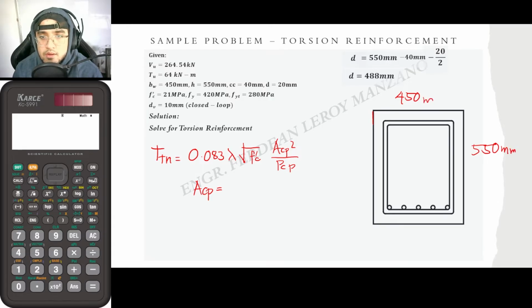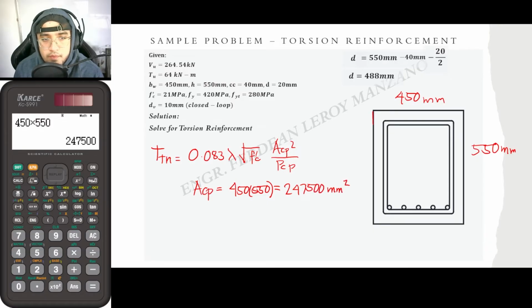So looking at the calculator to your left, 450 times 550, that is now equal to 247,500 millimeter squared.